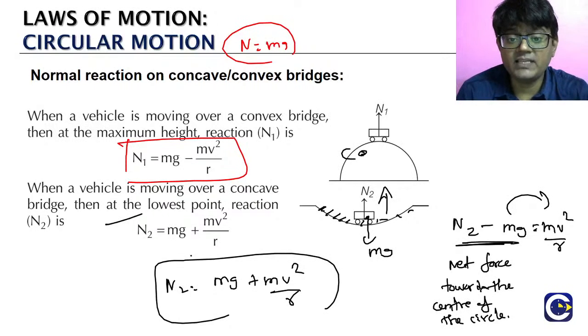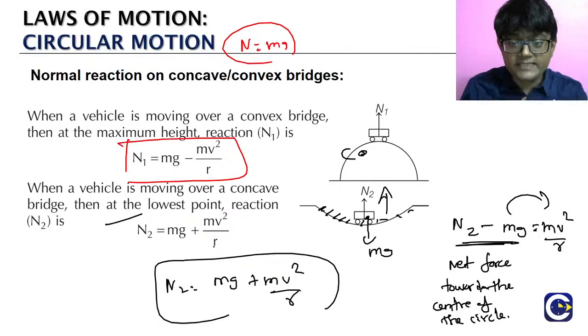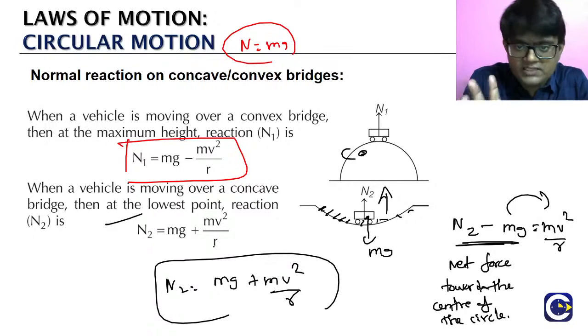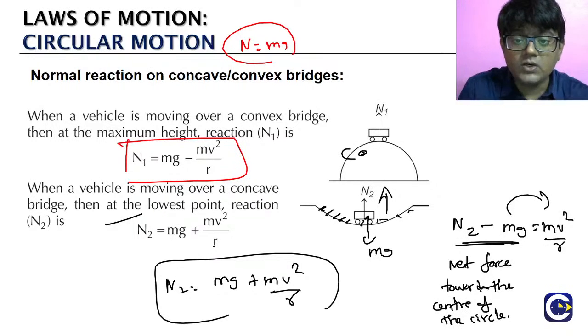Why is it happening like that? Because what you feel is the normal reaction. Your weight as such is the force acting on you because of gravity, which is not going to change. Your weight is not going to change, but what we perceive is not our true weight.